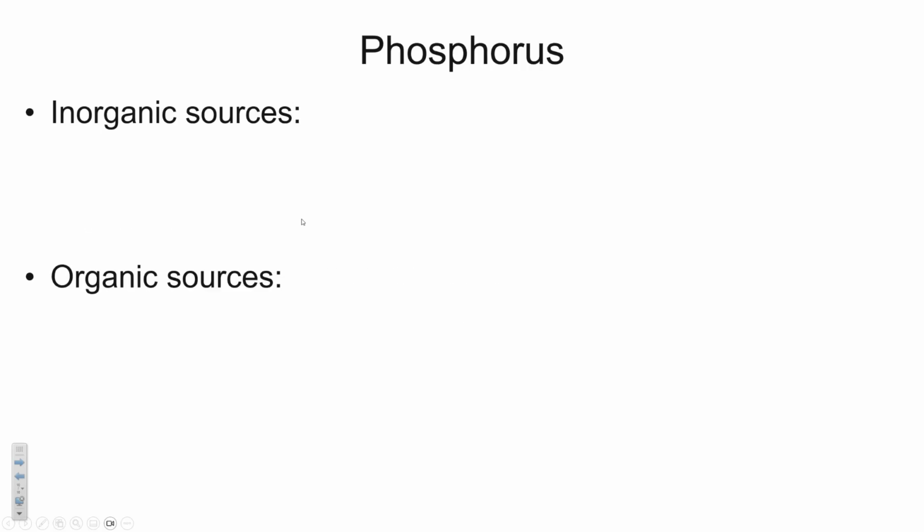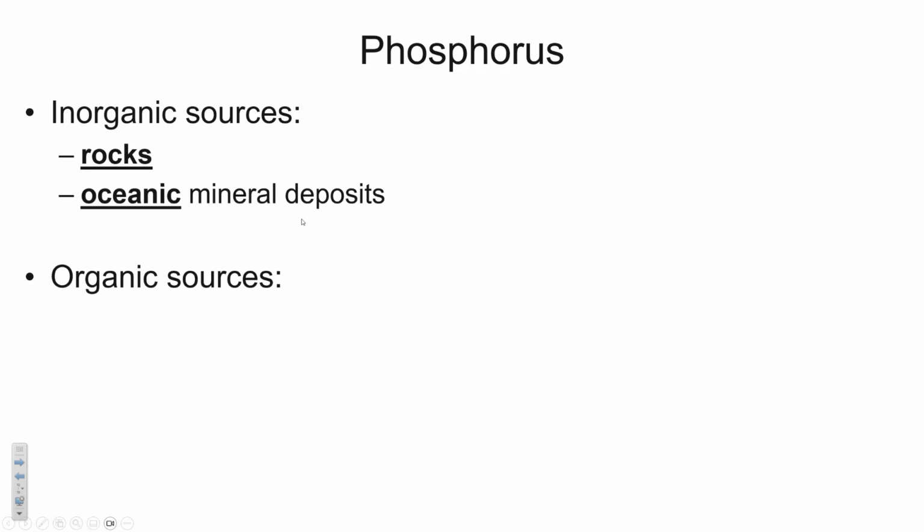So moving on to some of the smaller needed quantities of still important elements, phosphorus is one of these. Phosphorus can come from both inorganic and organic sources. Inorganic meaning non-living. Interestingly, one of the main areas that phosphorus comes from is things like rocks, and it leaches out of the rocks very slowly over time, and then starts to build up in the environment.